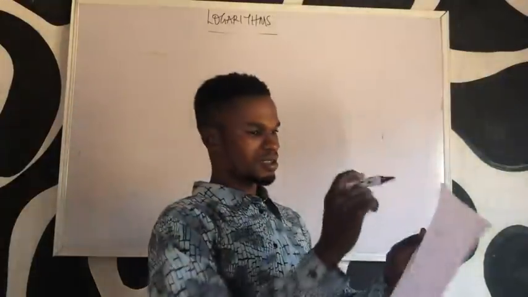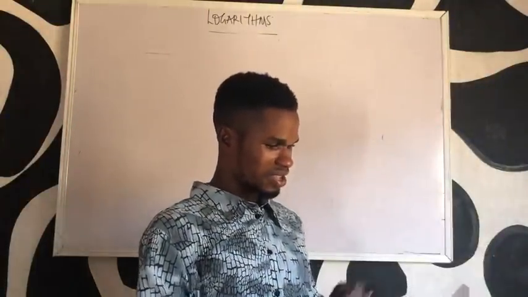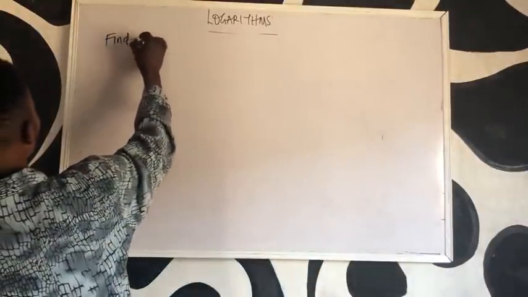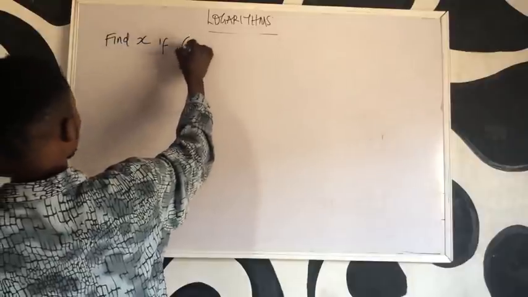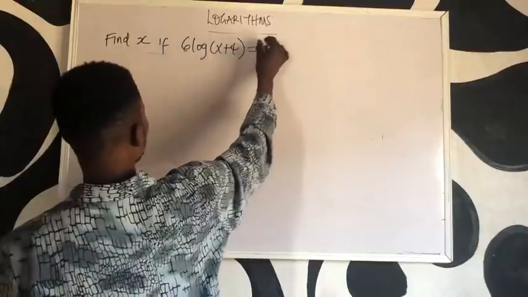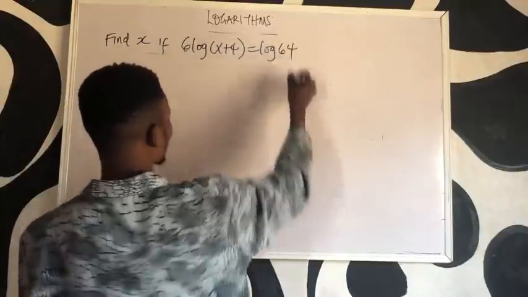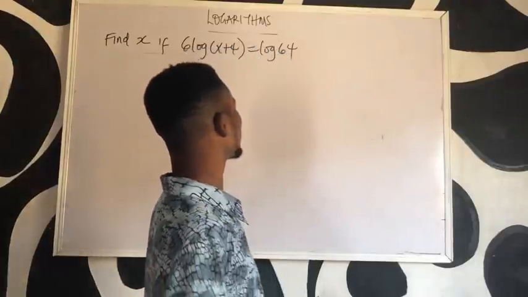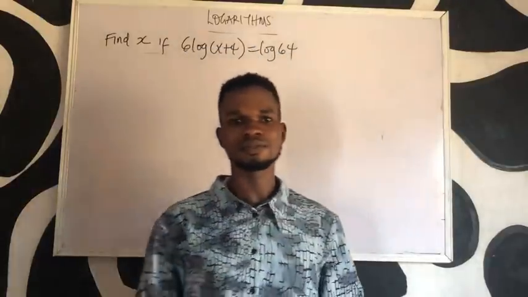We still have our question here. Find x if 6 log (x plus 4) is equal to log 64.